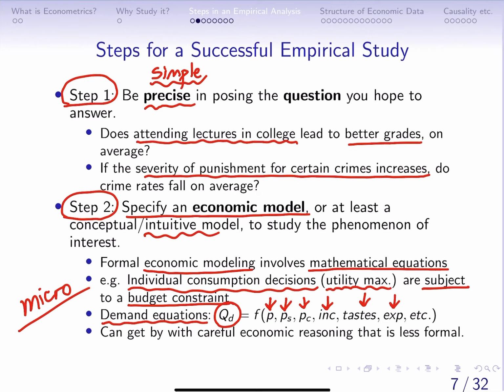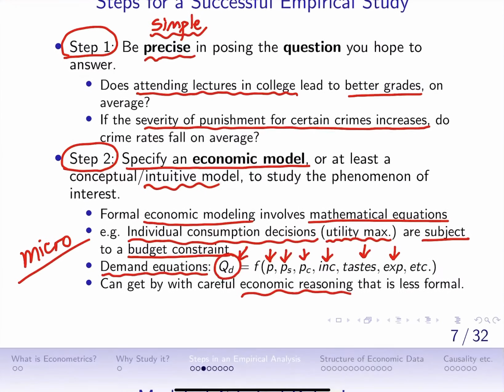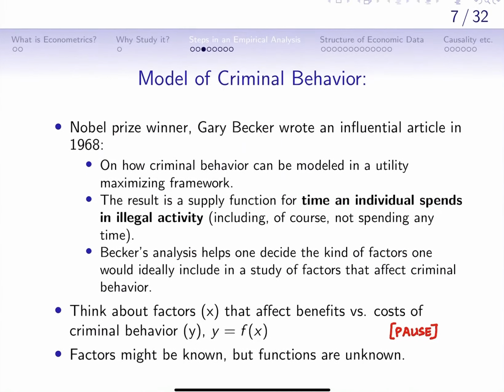So all of these factors might guide what is the demand for that good or service. Okay, so sometimes you're able to get by with some sort of economic reasoning, which is less formal than mathematical equations, but typically you would have mathematical equations involved.